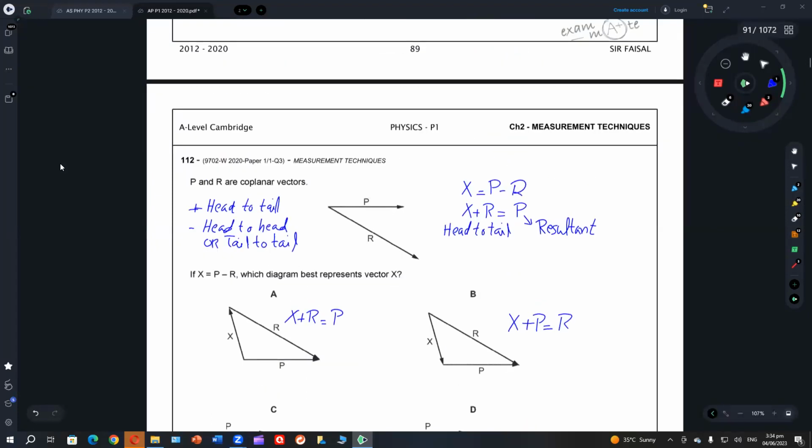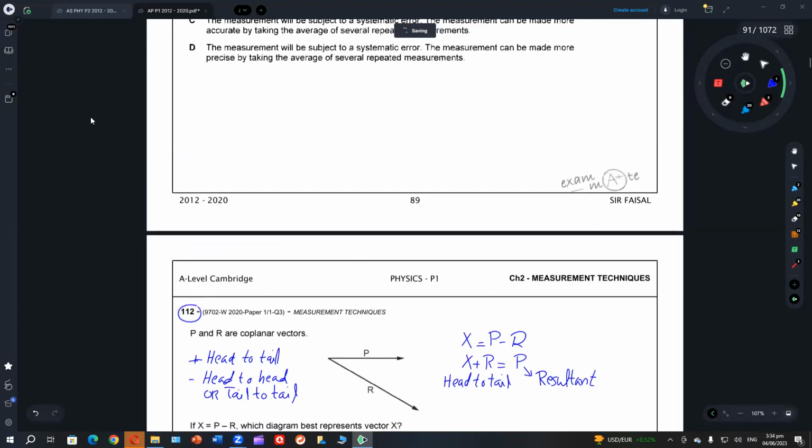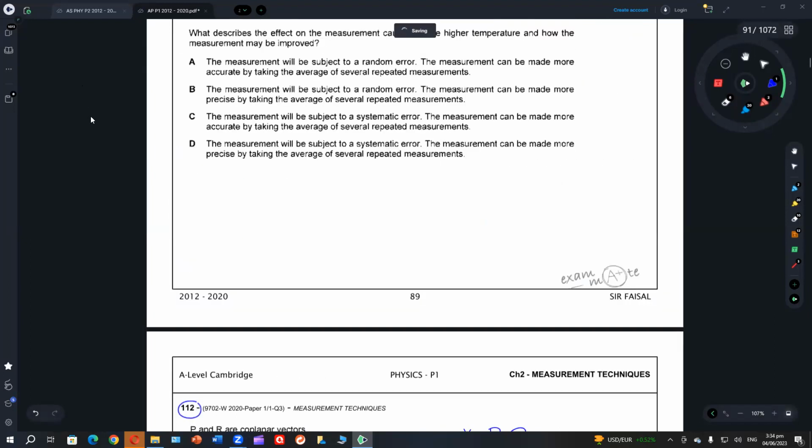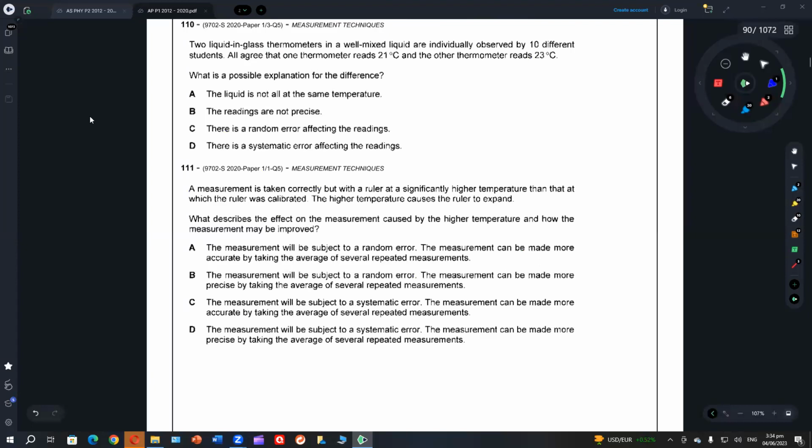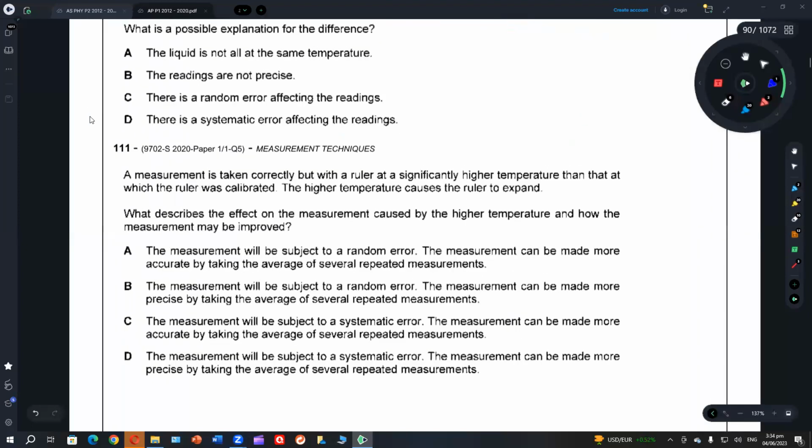After working out, it means that only A is the right option, because already we had worked out a measurement is taken correctly, but with a ruler at a significantly higher temperature than at which the ruler was calibrated.